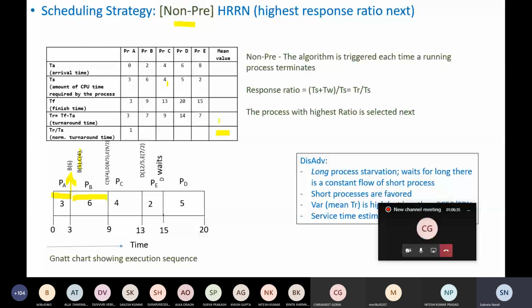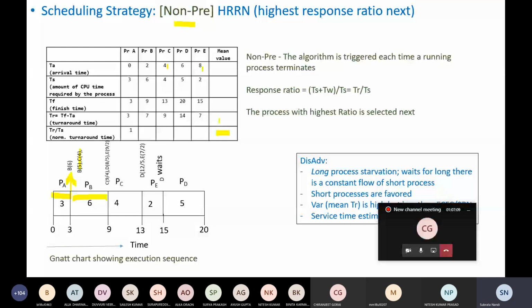So 5, because it arrived at 4 and it is now at time 9, so it has waited for 5 units of time. So 5 plus its service time 4, that's why it becomes 9 divided by 4. For D, it arrived at time unit 6, now 3 units have elapsed, so it is 3 plus 5, 8 divided by 5. For E, it just arrived in the last time step, so one unit of waiting time plus 2.